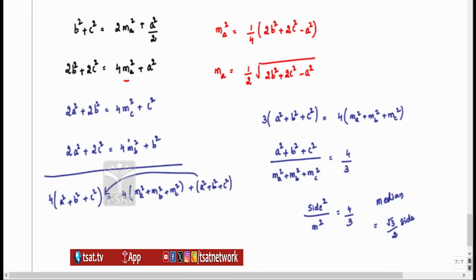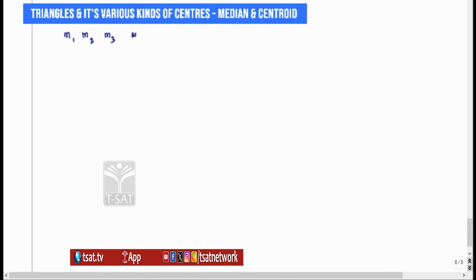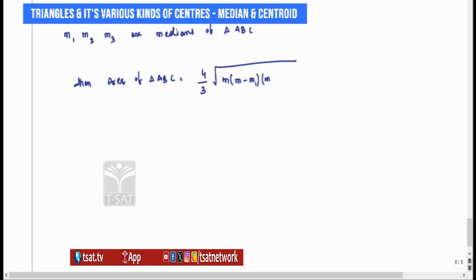Median is equal to √3/2 times the side in an equilateral triangle. If M1, M2, M3 are medians of triangle ABC, then area of triangle ABC is equal to 4/3 under root of m into (m minus m1) into (m minus m2) into (m minus m3).